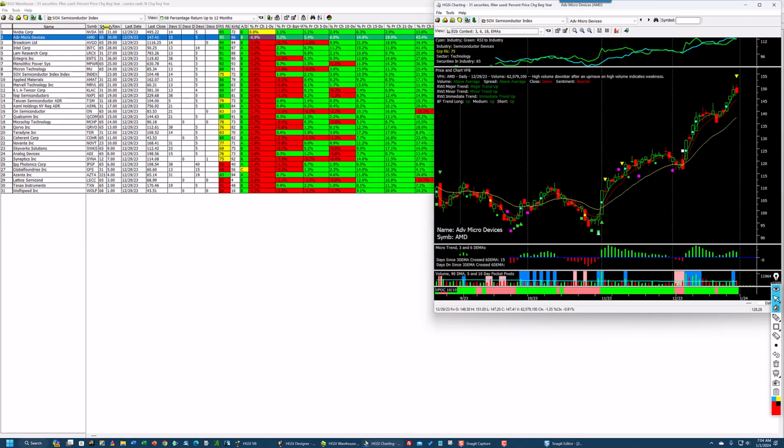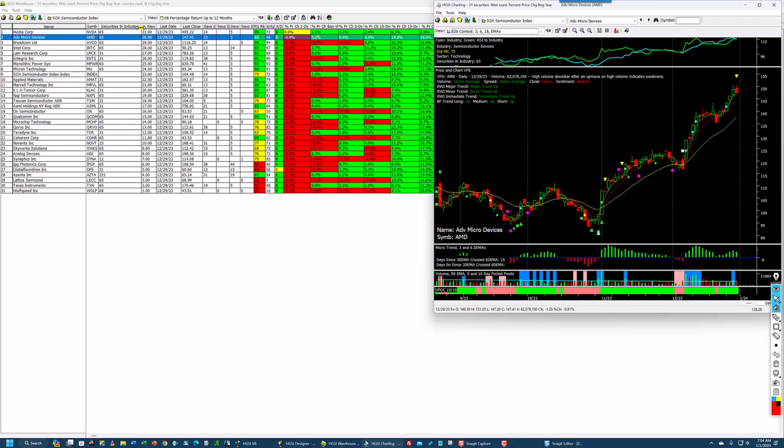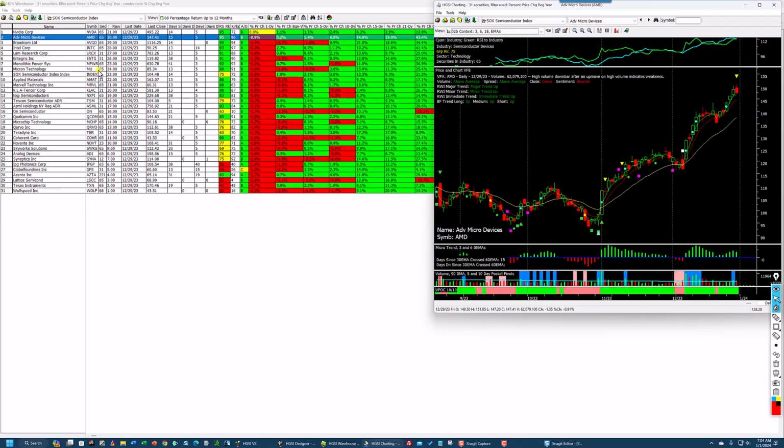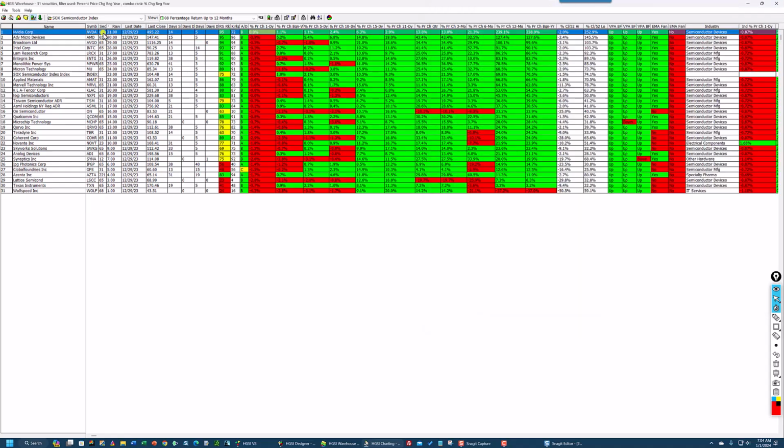Okay, I want to point something else out. For those of you that have my files, securities and industry, I put this column in yesterday so you can quickly see how many securities are in an industry. So in the semiconductor devices, there's devices and manufacturing. In the devices, there are 65 stocks.